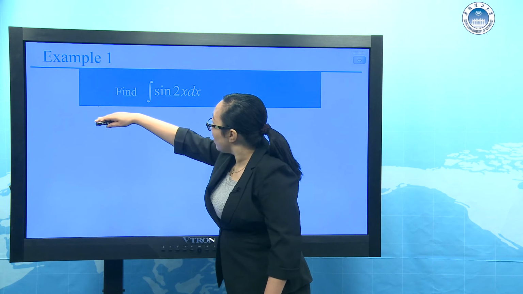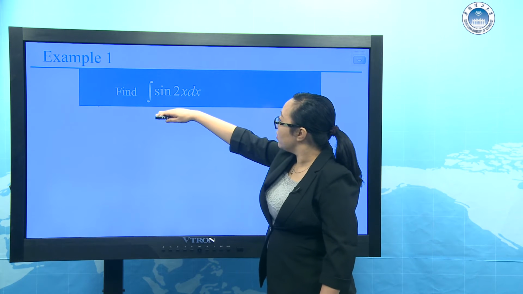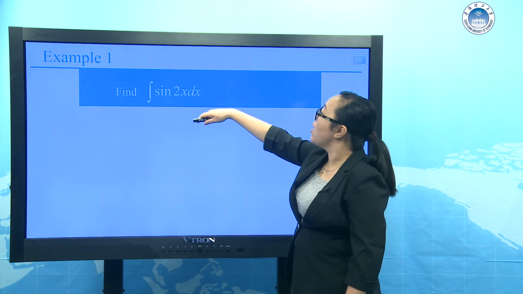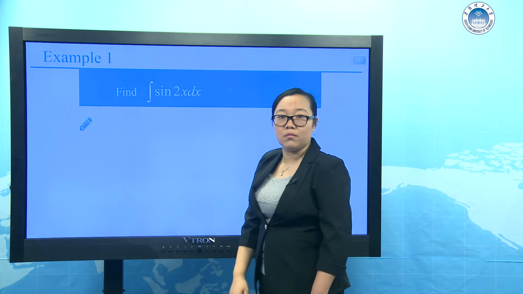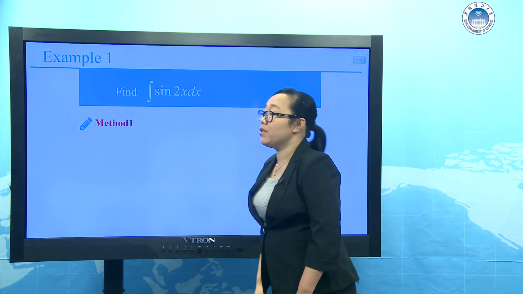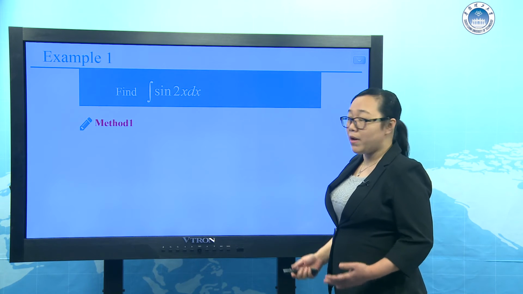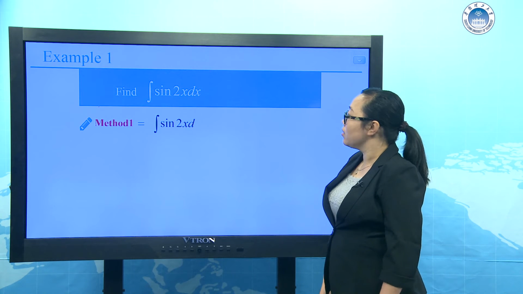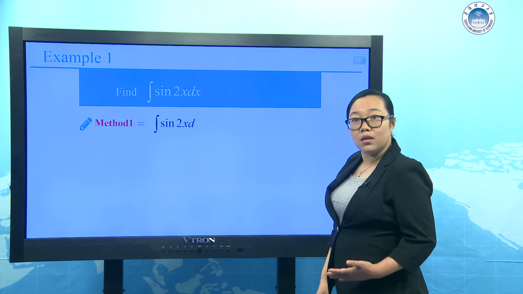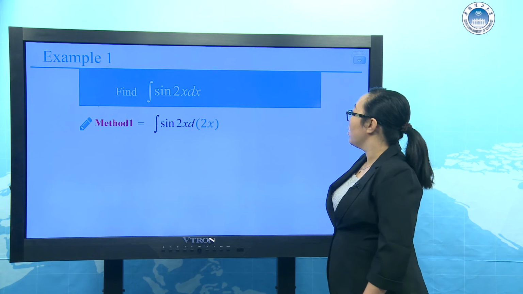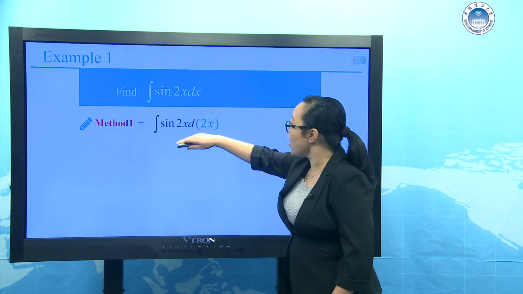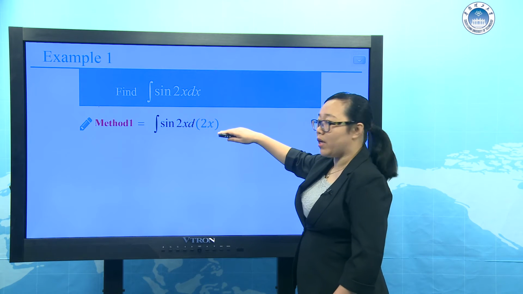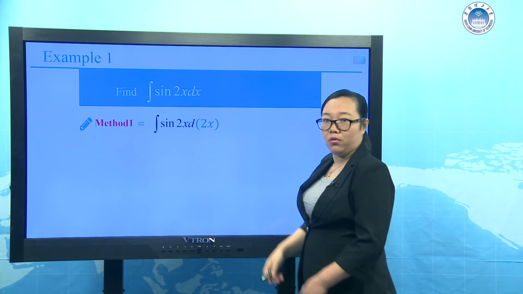Look at example 1. Try to find the indefinite integral of sin 2x dx. How to do it? Some students maybe think, okay, I have some idea. Look at sin 2x d what? d 2x. Because in our basic formula, sin of a variable and d of the variable are the same variable.